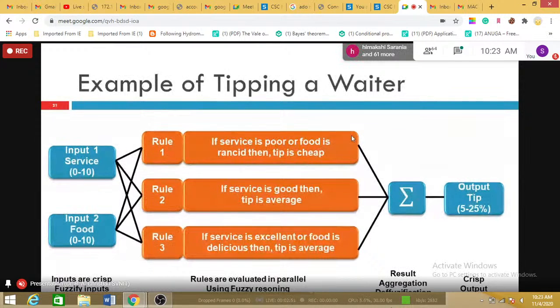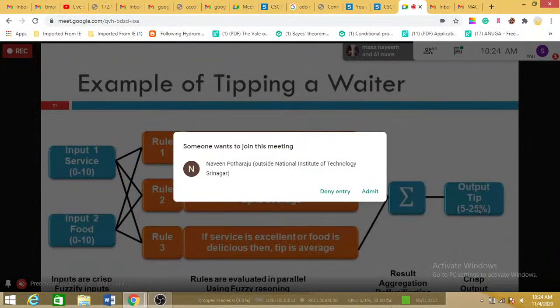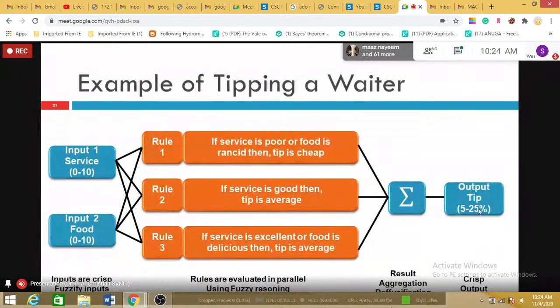Third rule may be like the service was very good, the food was also very good, so we give a good tip. Then these rules are there, and then when the rules get fired, you sum up the fired rules, and then based on that you decide the tip to be given. This is what you might have done majority of time when you go to a hotel.